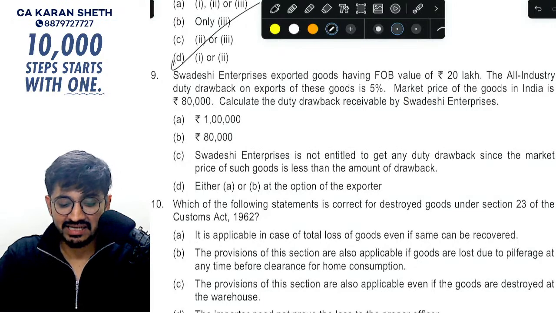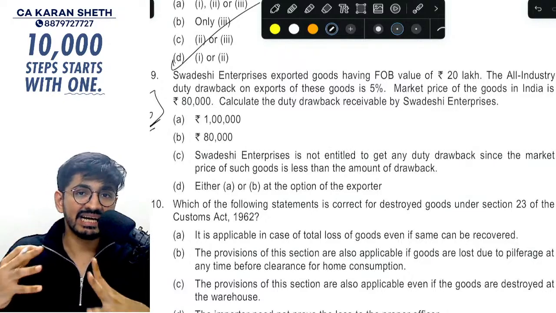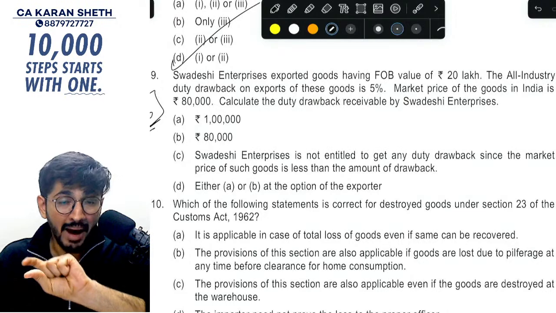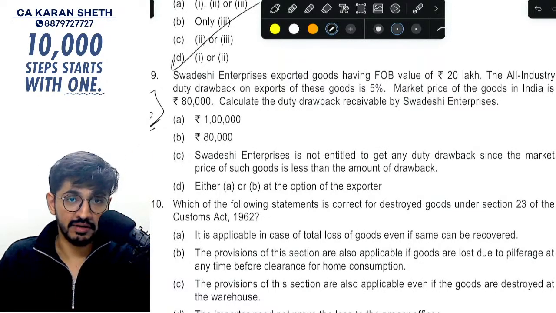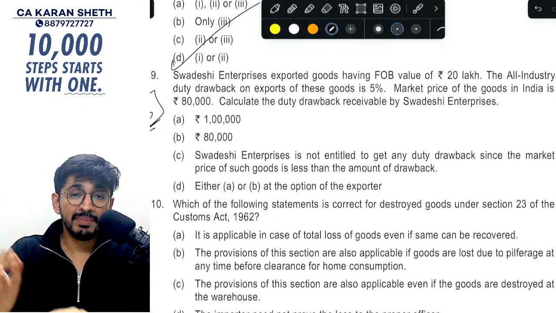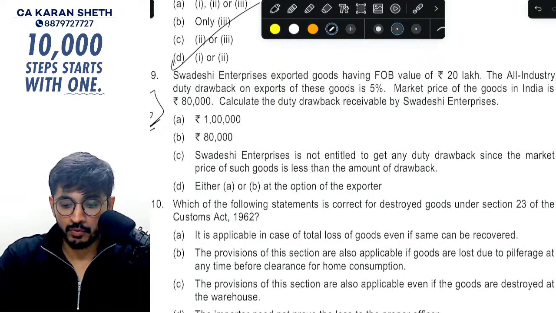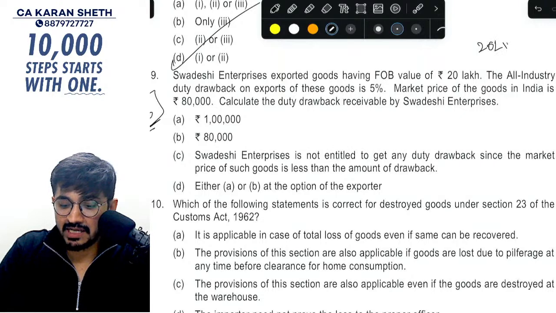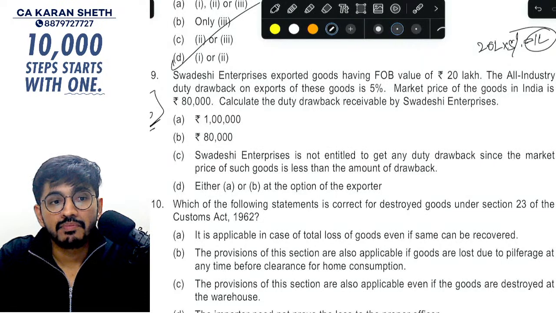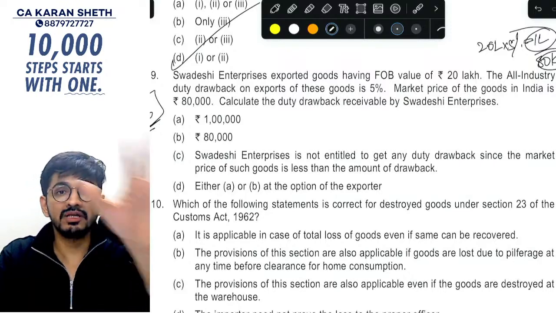Now understand, there is a section called section 76, my dear friends, which clearly states that at any juncture, the market price of the same goods in India should never be lesser than the duty drawback that is being granted. So the duty drawback is 20 lakh multiplied by 5%, that is 1 lakh. And the market price happens to be 80,000.